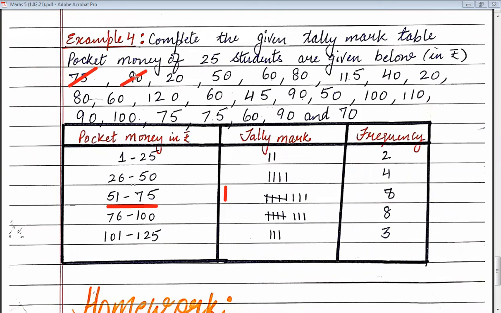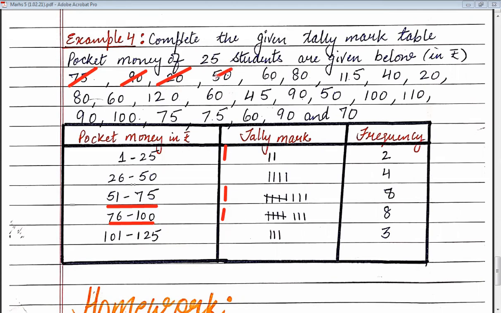Now, children, where will 90 come? In 76 to 100. So you will put a stroke here. Okay. Now let's see the next one, that is 20. Now where are you going to put a stroke? Between 1 and 25. Your stroke will come here, because 20 will come somewhere here, 1 to 25.